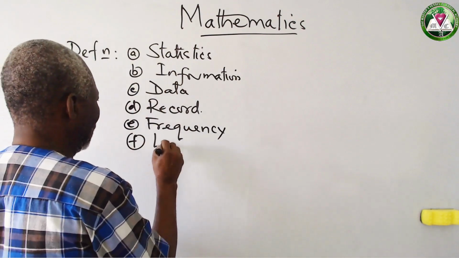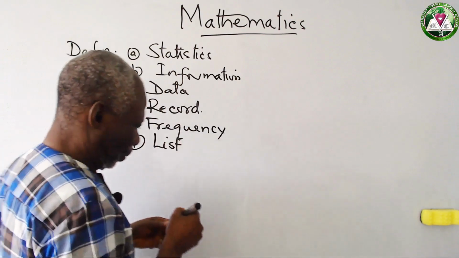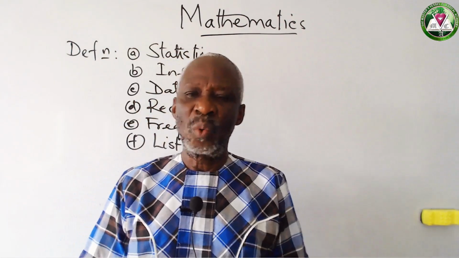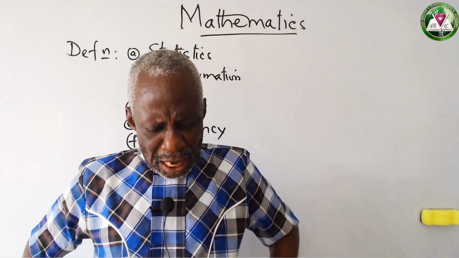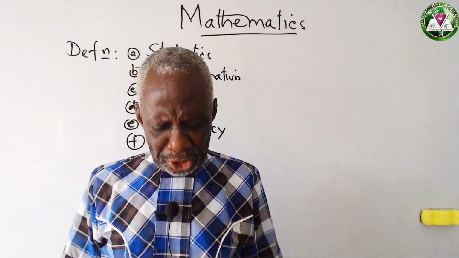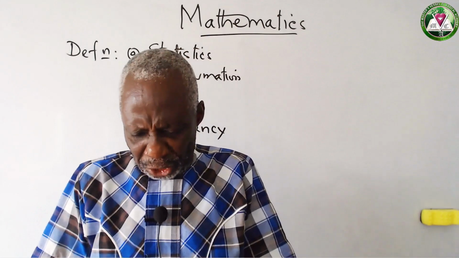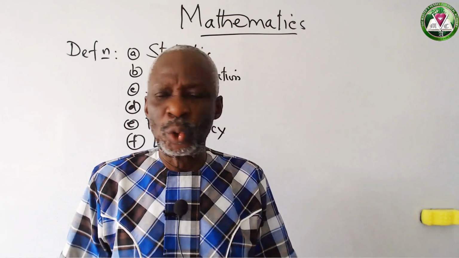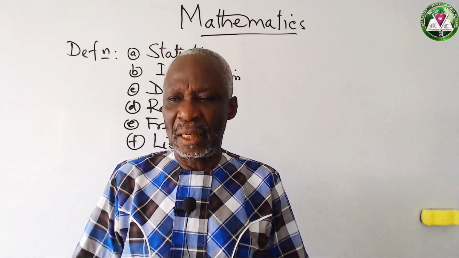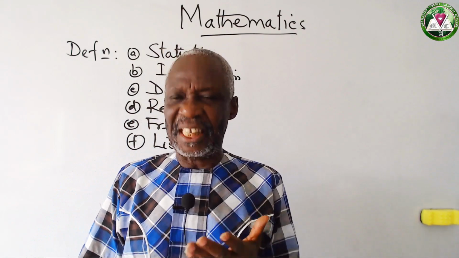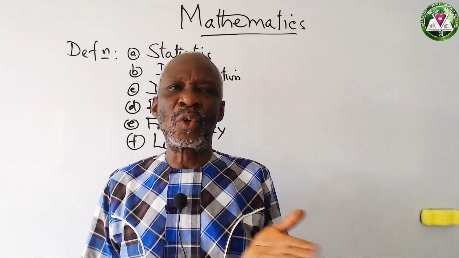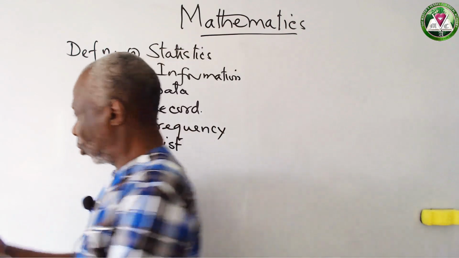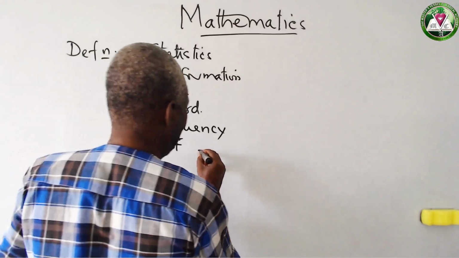So that is the next one: list. We didn't know what list is all about. What is list? We shall here say that list is basic information arranged in rows and columns. Rows go horizontally like that.